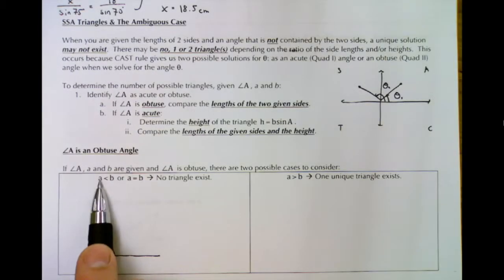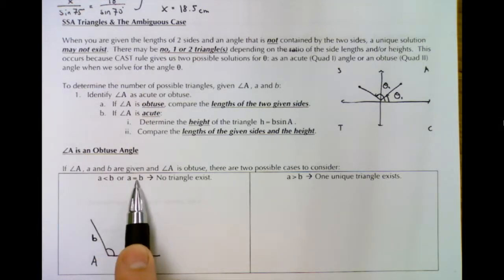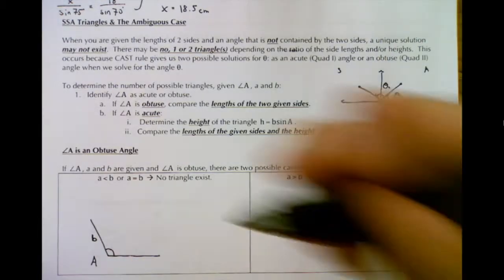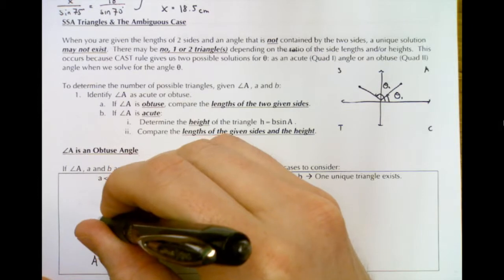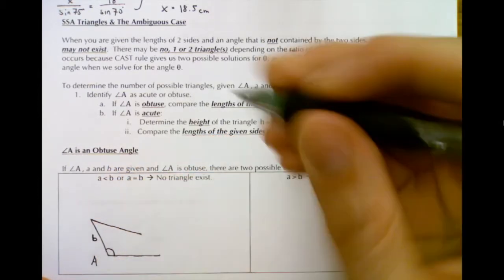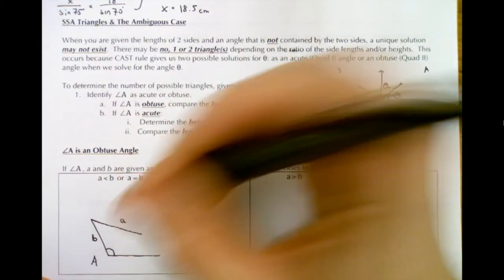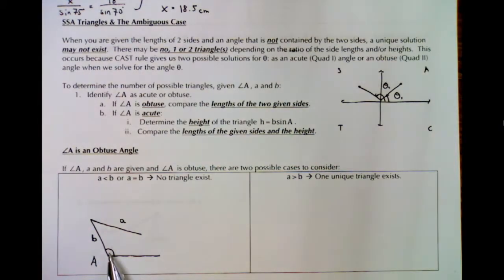If A is less than B, or A is equal to B, you won't get a triangle. And let's think about that for a second. I'm going to draw another side that's about the same length. Call that A. The reason you can't get the same triangle is because the obtuse angle in a triangle needs to be across from the biggest side.